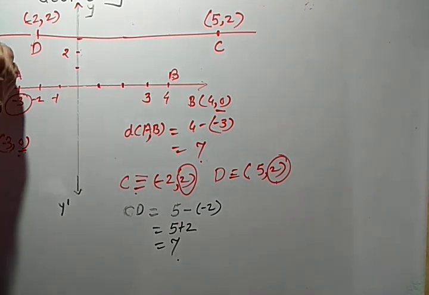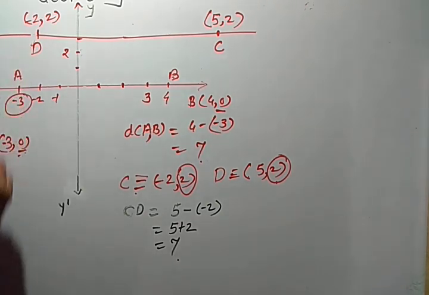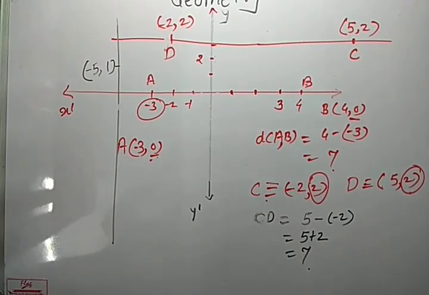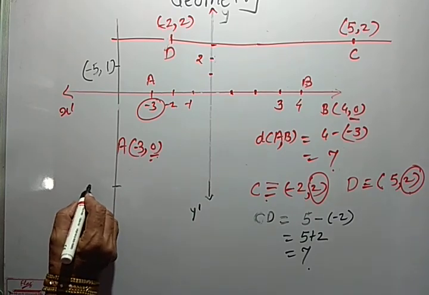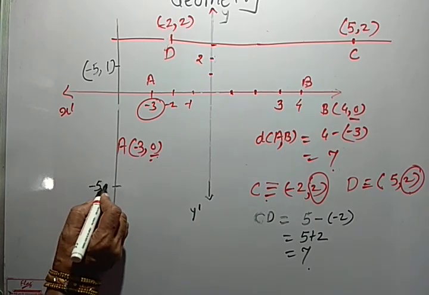For example, let's take a line here. Here it is point -5, 1. And here it is a point, suppose -5, -5.